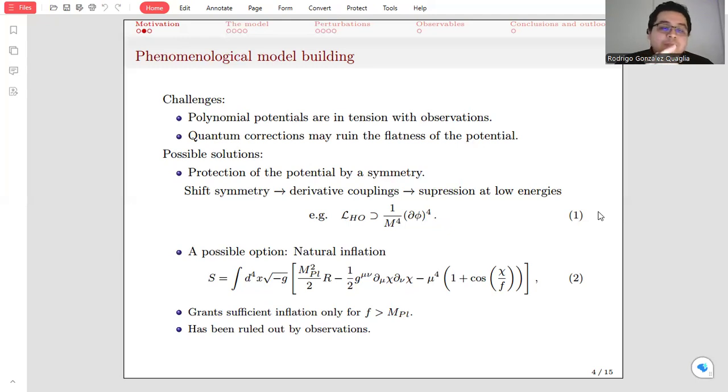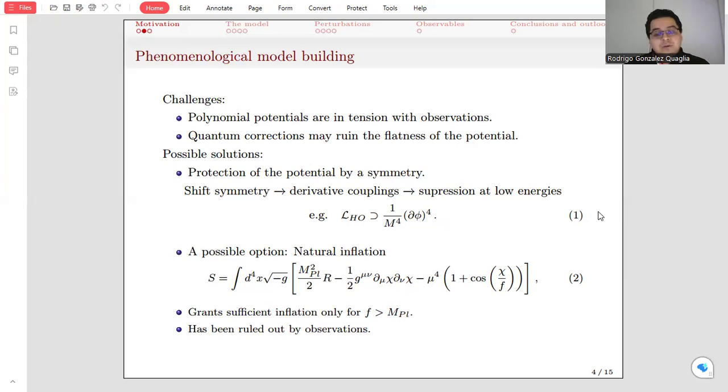The most widely spread model that features this shift symmetry is the so-called natural inflation model, which is still characterized by a minimally coupled scalar field, but now this scalar field has a sinusoidal potential.